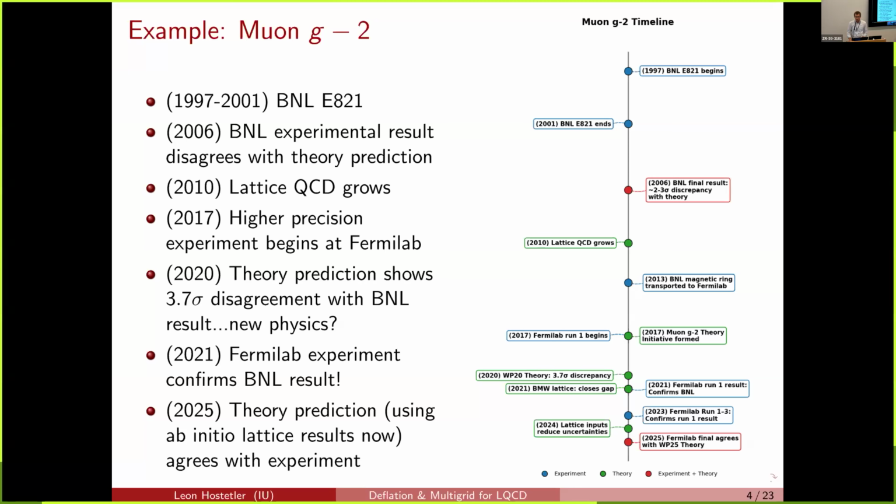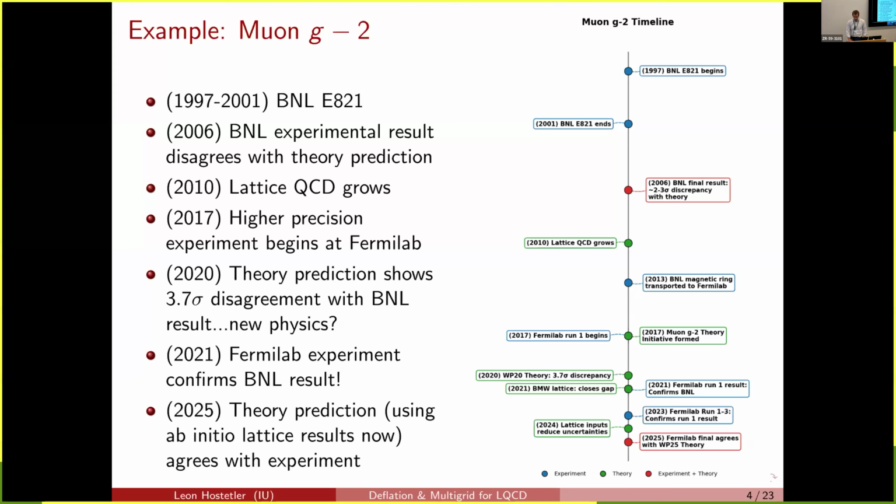So there was apparently nothing wrong on the experimental side. And in this intervening period, these 10, 15 years, lattice QCD really came of age, and it entered the precision era. And a lot of this is due to the advent of GPU-based supercomputers, which gave us a lot more power to compute these things.